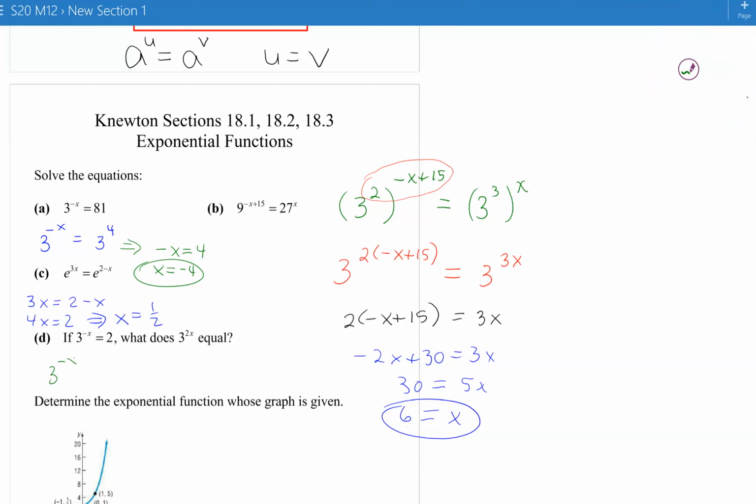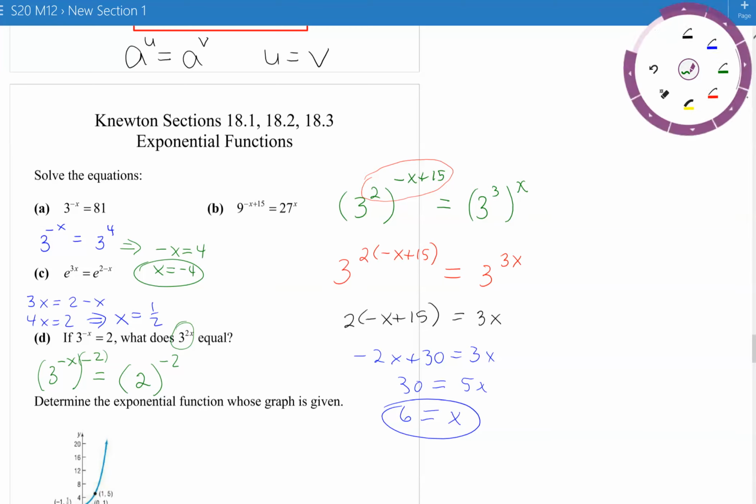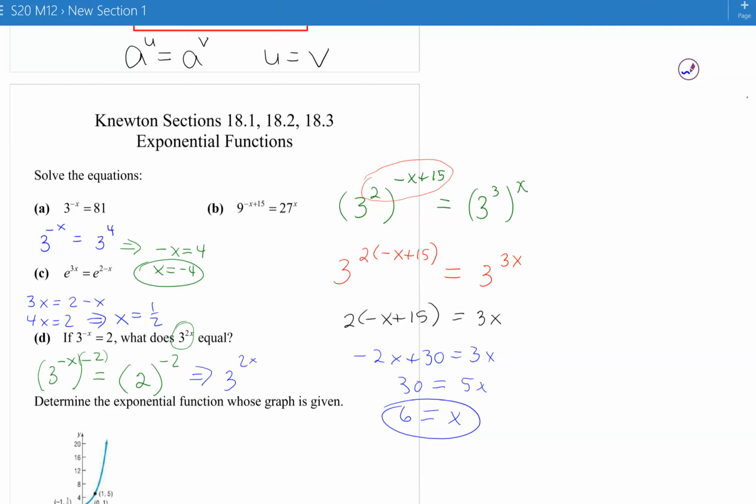If I have 3 to the negative x equals 2, and I want to know what 3 to the 2x equals, well, one way to do that is to bring both sides to the power of negative 2, knowing that on the left we would multiply the exponents, and that would give us 3 to the 2x is 2 to the negative 2, also known as 1/4.